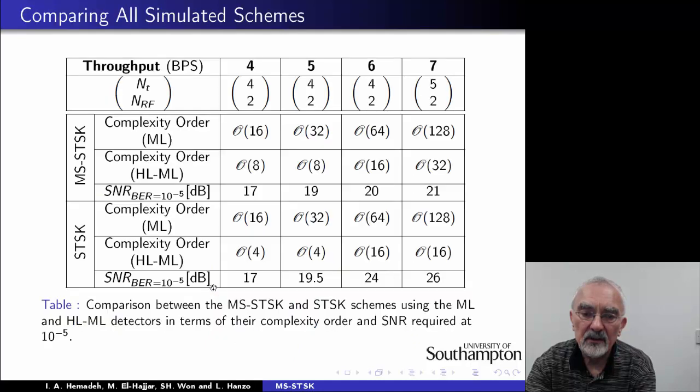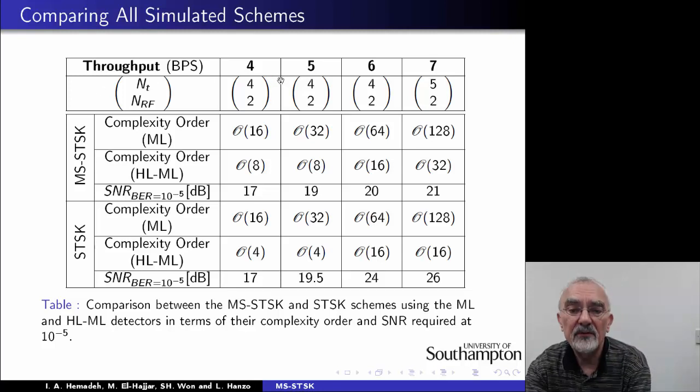So just to look at finally the associated complexities as well. So at the top we have the achievable throughput, which is 4, 5, 6 or 7 bits per symbol, and down here we have the space-time shift keying and the multiset space-time shift keying, and just comparing, for example, a throughput of 7 bits per symbol.